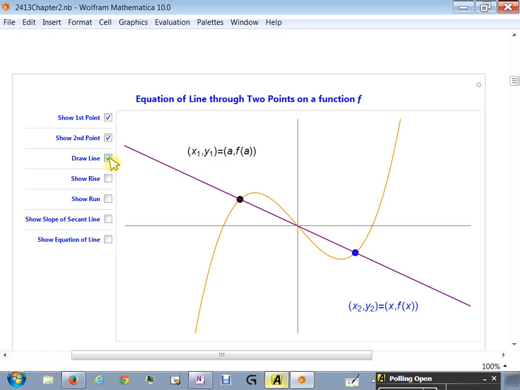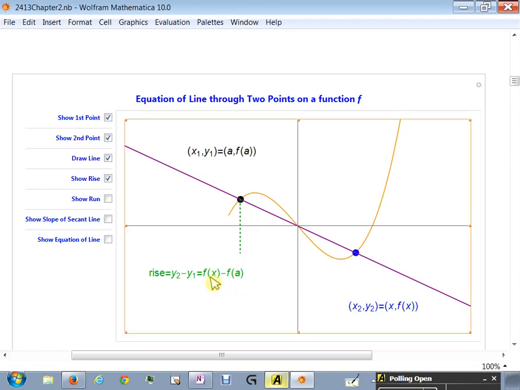The line between them is defined. The rise would be this. It would be this y coordinate, f of x, take away this y coordinate, f of a. So it would be this right there. Do you see it? F of x minus f of a? That's our rise. What would the run be? What's our run going to be? This x minus this a.